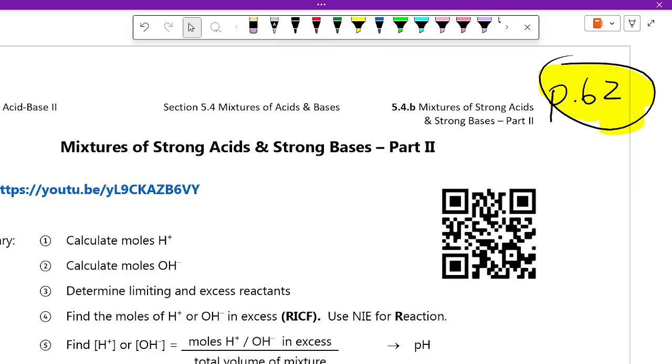Your next quiz, I would like it to be Thursday. Quiz on hydrolysis and mixtures of strong acids and bases, which we're finishing off today. Can we do that?